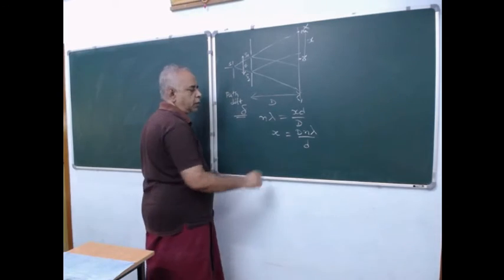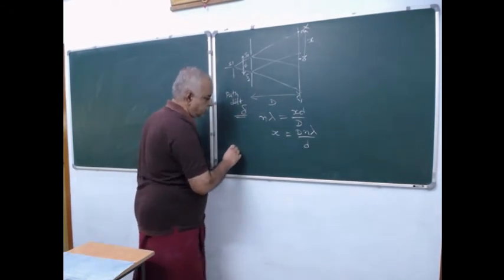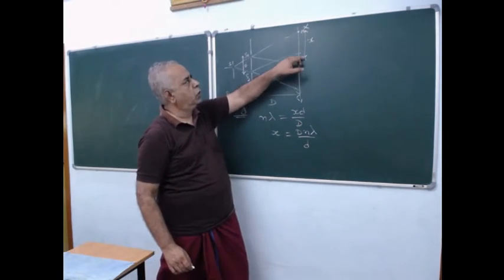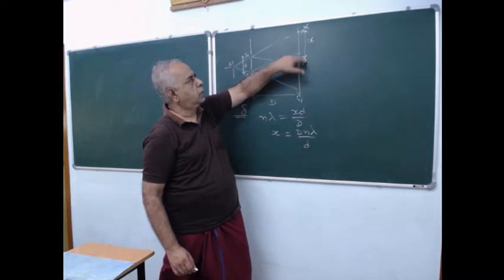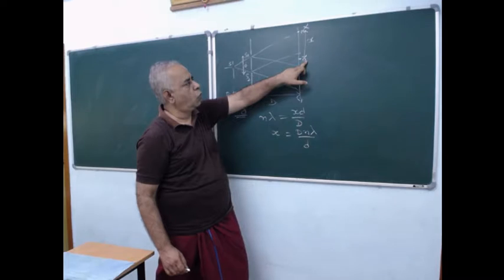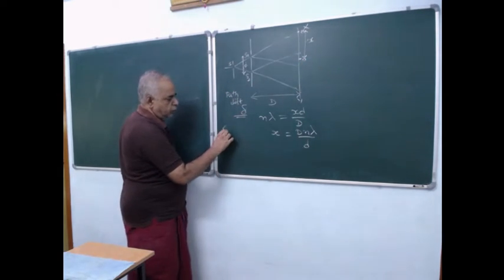Right. And when x is equal to 0, that means the center fringe. P lies on O, which means x is equal to 0, is it not? That is the central fringe.